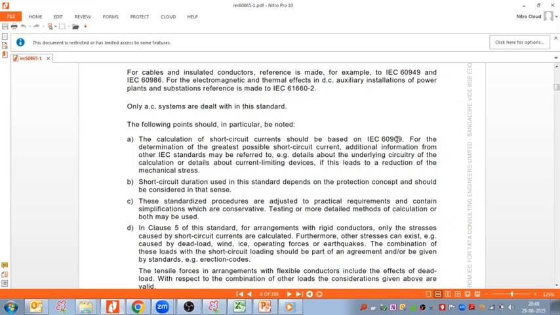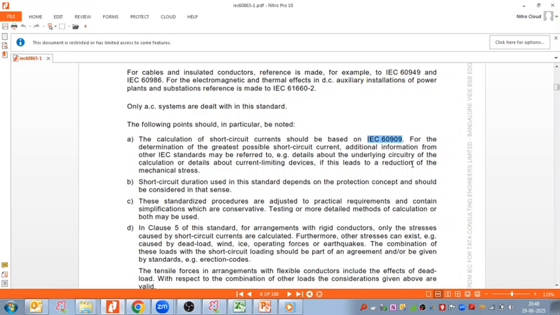But in the case of a substation project, instead of taking the 60909 calculations, we take the maximum grid fault level, because as per these calculations the short circuit current value will be lower, but we have to take the maximum value of short circuit current that may come in the future, like 10, 20 or 35 years down the line. So that fault current we need to consider.